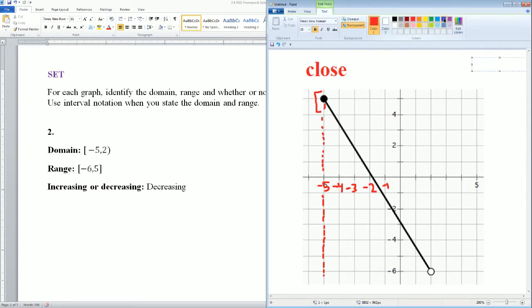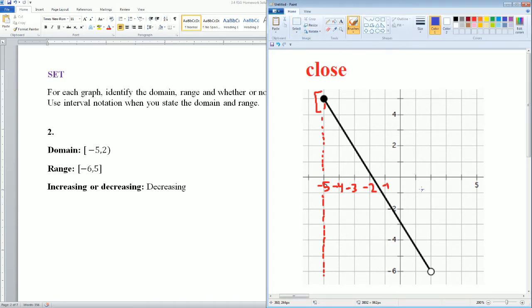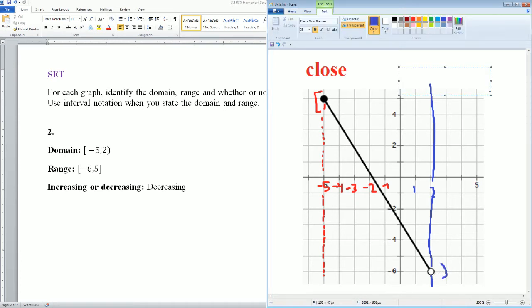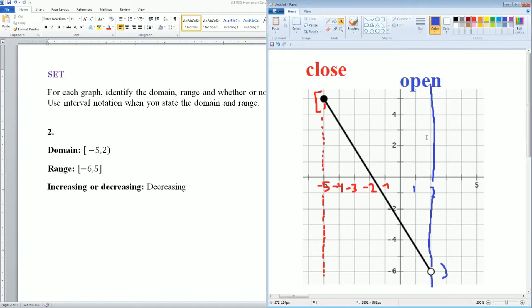Then it goes all the way to the right. This is 1, this is 2. Notice here it's open, because it's that open dot. So it is open at 2. That is why the domain here is closed bracket -5 comma 2 open bracket.